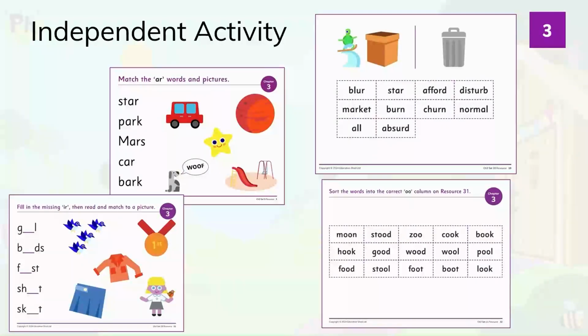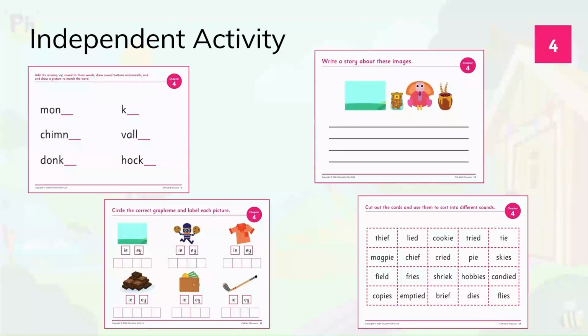These ones were matching the words to the correct character, so children are identifying those phoneme grapheme correspondences within them. In chapter 4, there's some more examples. We've got filling in the missing grapheme and adding sound buttons, writing sentences, selecting the correct grapheme for the picture, and writing out the word and sound boxes, and also sorting graphemes to the correct sound.